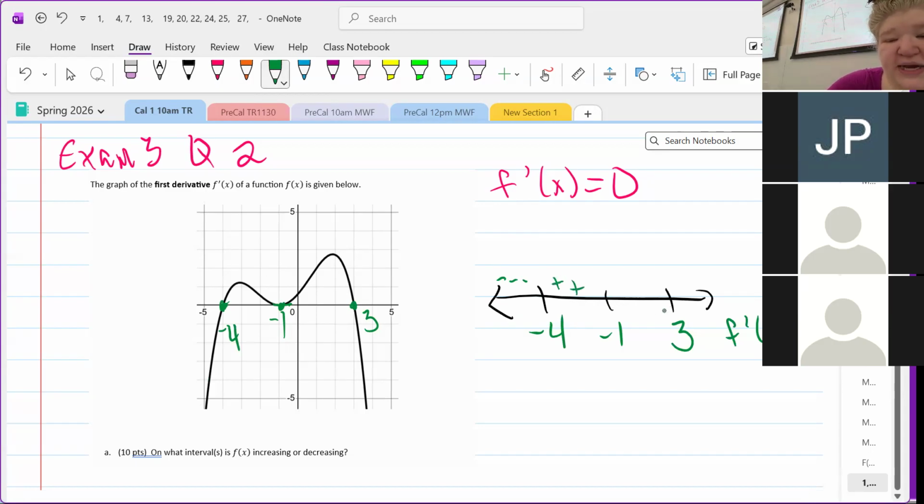The values between -1 and 3 are positive. And the values after 3 are negative. So now if we translate this into arrows, negative derivative values means the function is decreasing, then increasing, increasing, decreasing.